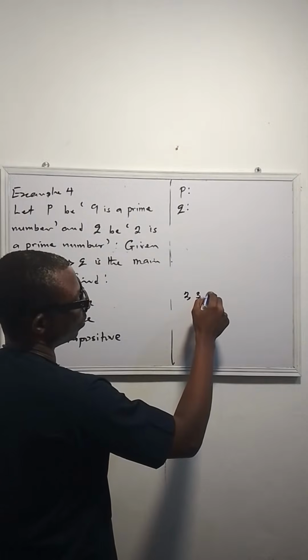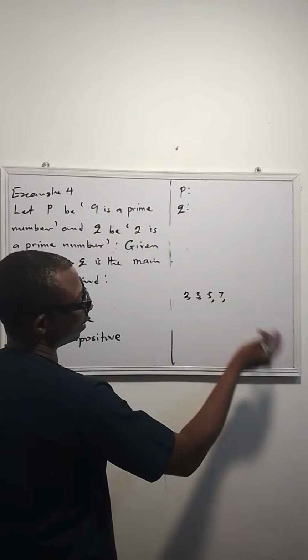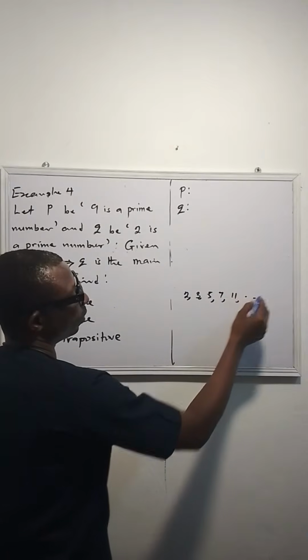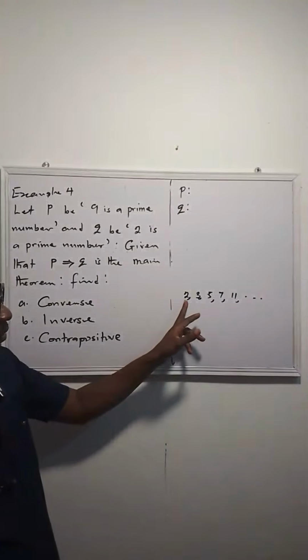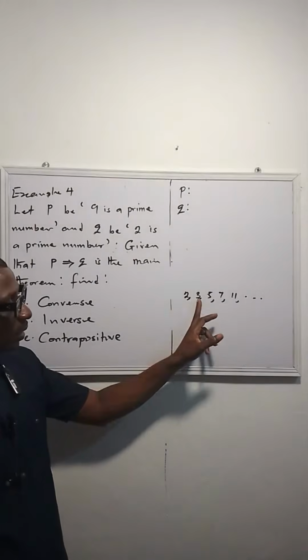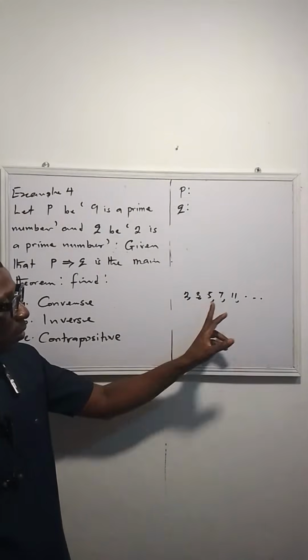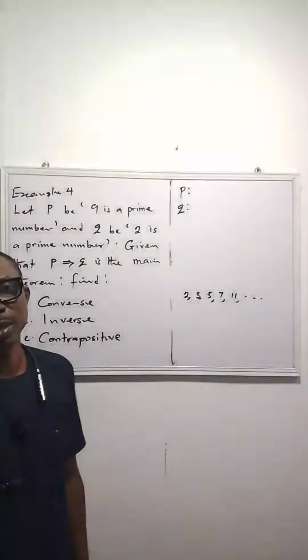What else again? We have 5. We have 7. We have 11 and so on. For all of these numbers listed, only 2 will completely go in 2, only 3 can completely go in 3, only 5 can completely go in 5, and the same thing applies to the rest. No other number can go in.